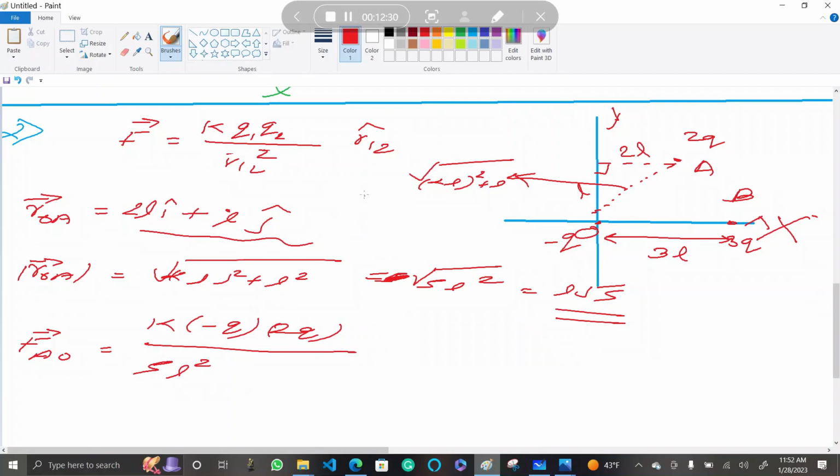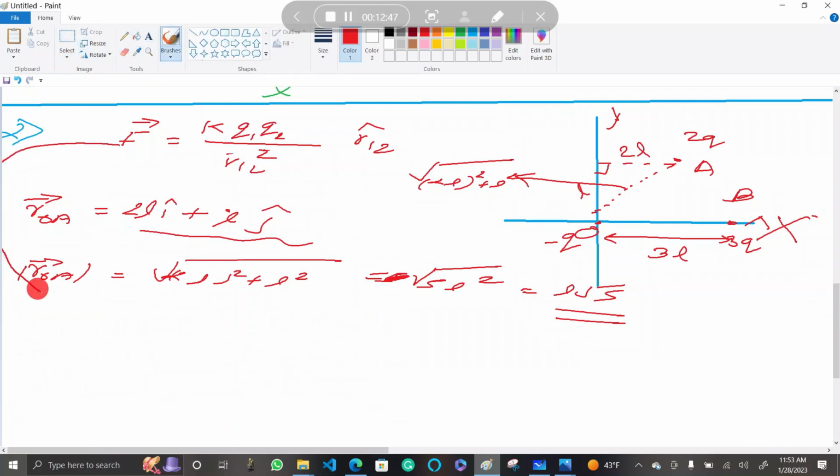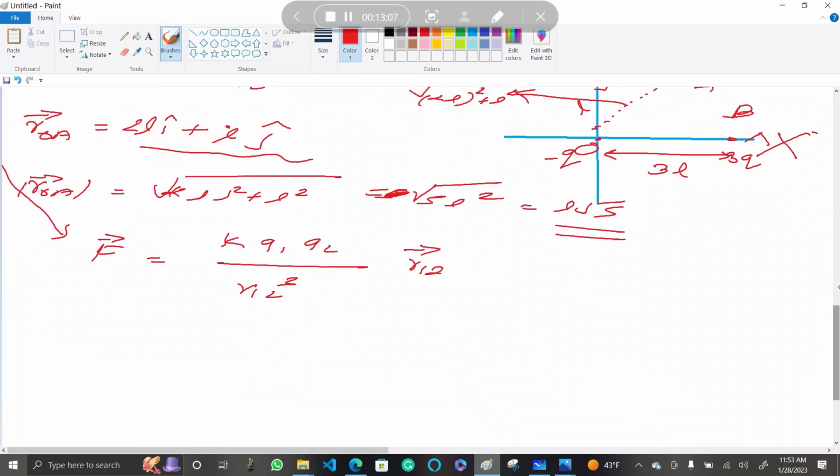Let me make it clear that this formula I can write also as k q1 q2 by r12 whole cube times the r12 vector. I am changing this unit vector to the full vector, and I am just increasing the magnitude by a factor of 1.